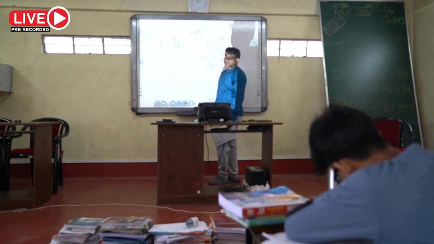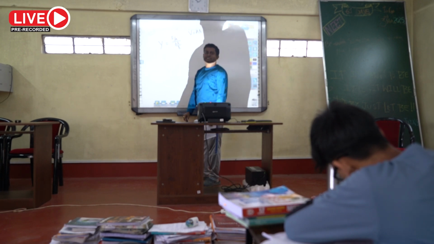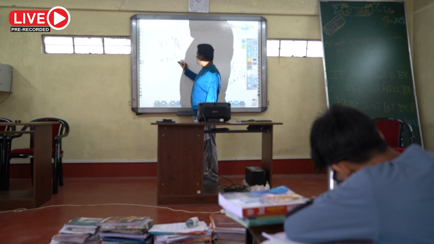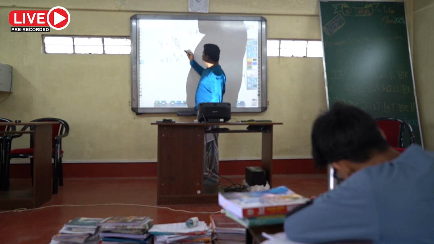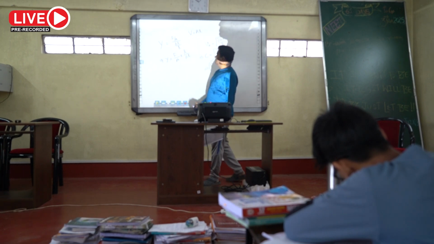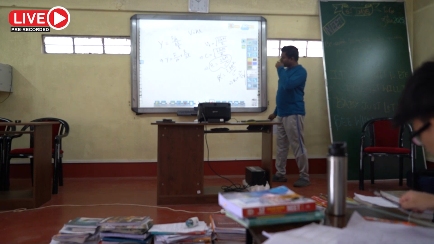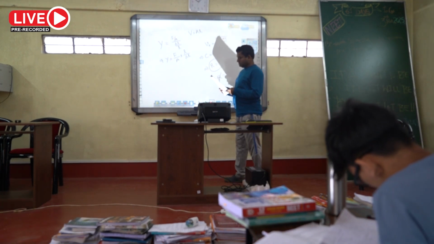So in place of A, I will substitute V by L because volume is given constant. So we can write Y equal to F by A into small l by delta L.